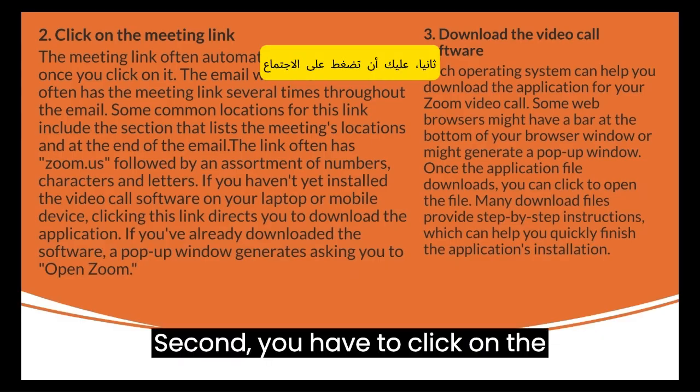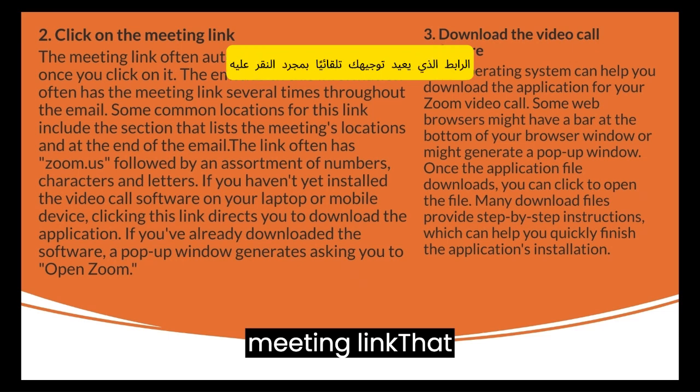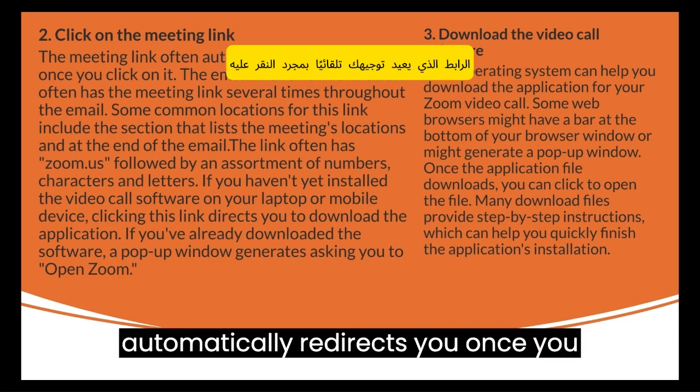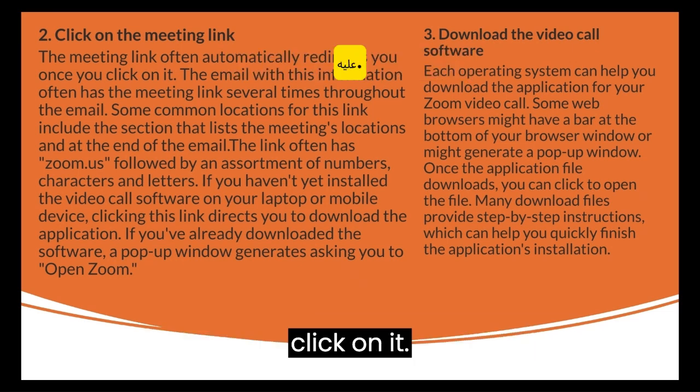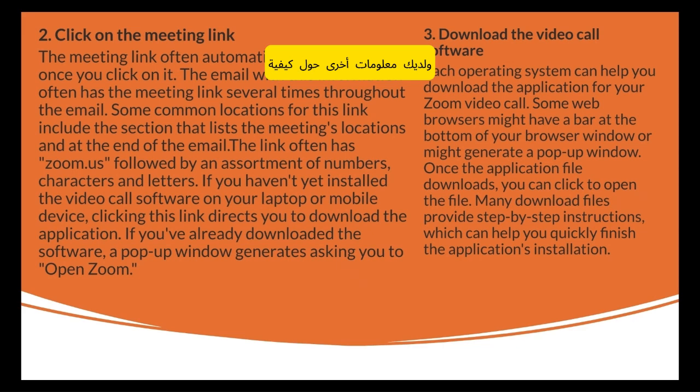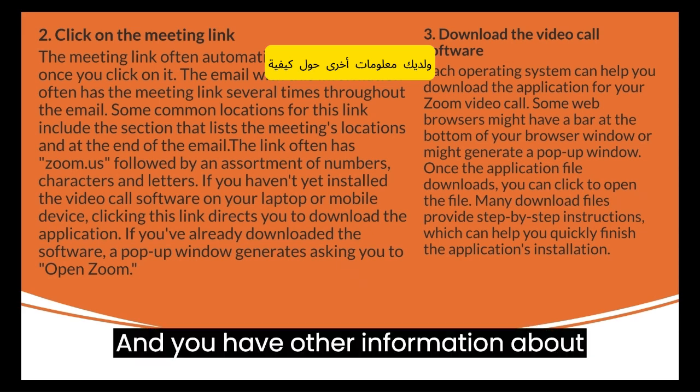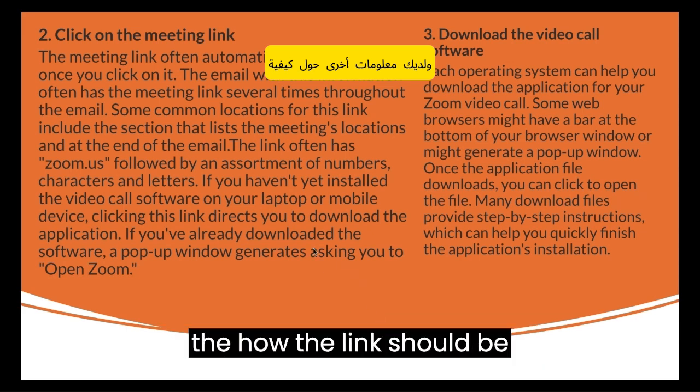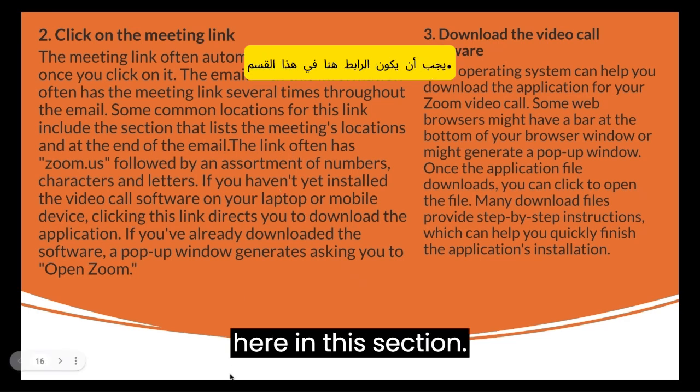Second, you have to click on the meeting link that automatically redirects you once you click on it. And you have other information about how the link should be here in this section.